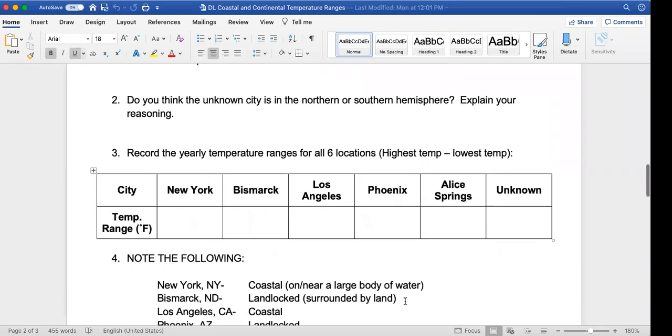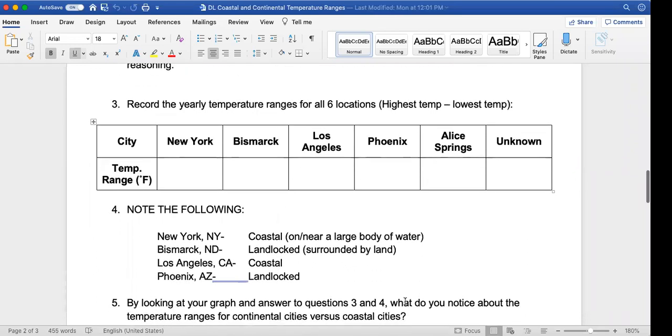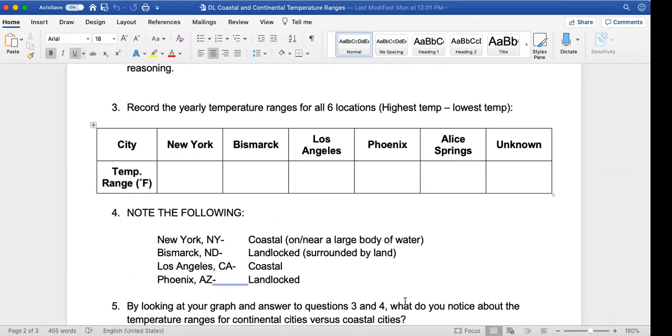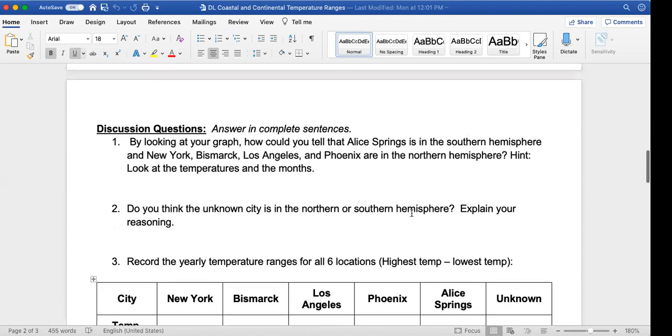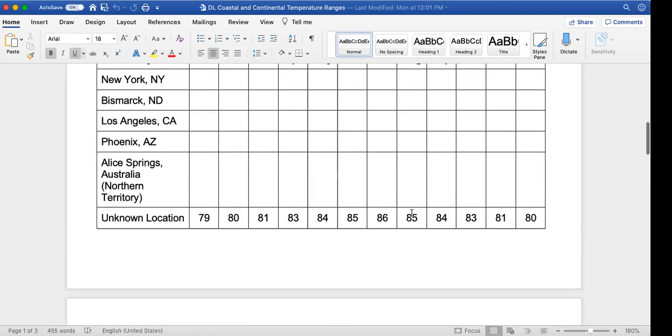All right, for number 3, you'll need to do this one on your own, but I'll tell you how you do it. So to find the range, you take the highest temperature out of the 12 months and you subtract it from the lowest temperature out of the 12 months. So for example, I have the data for unknown right now. So unknown, my highest temperature was 86 and my lowest temperature is 79.